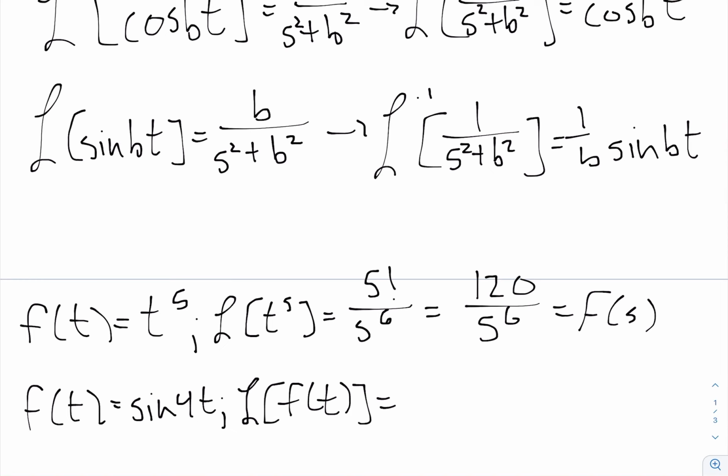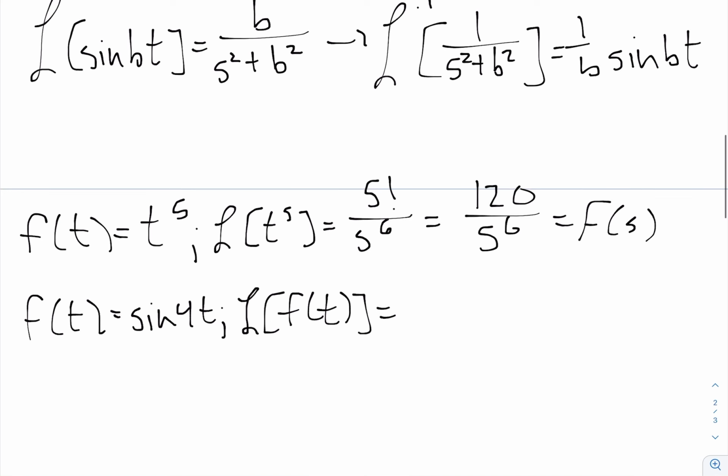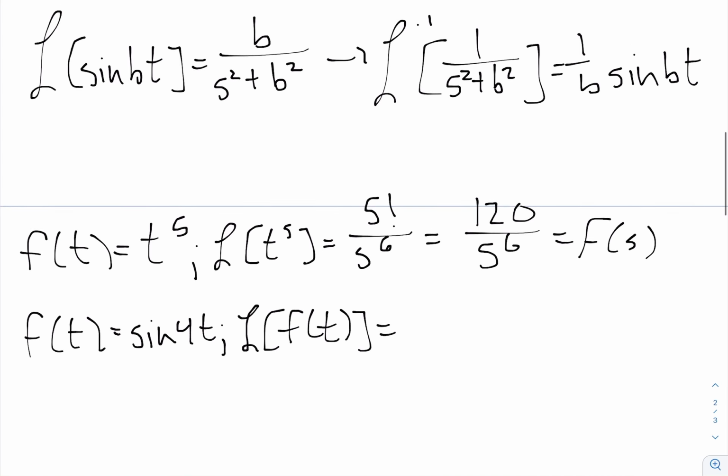So the Laplace transform of sine of 4t, that's the sine of bt, where b is just 4. Remember, this is going to be b over s squared plus b squared. So b is 4, so 4 over s squared plus b squared, which is 16, and this is going to be our capital F of s.